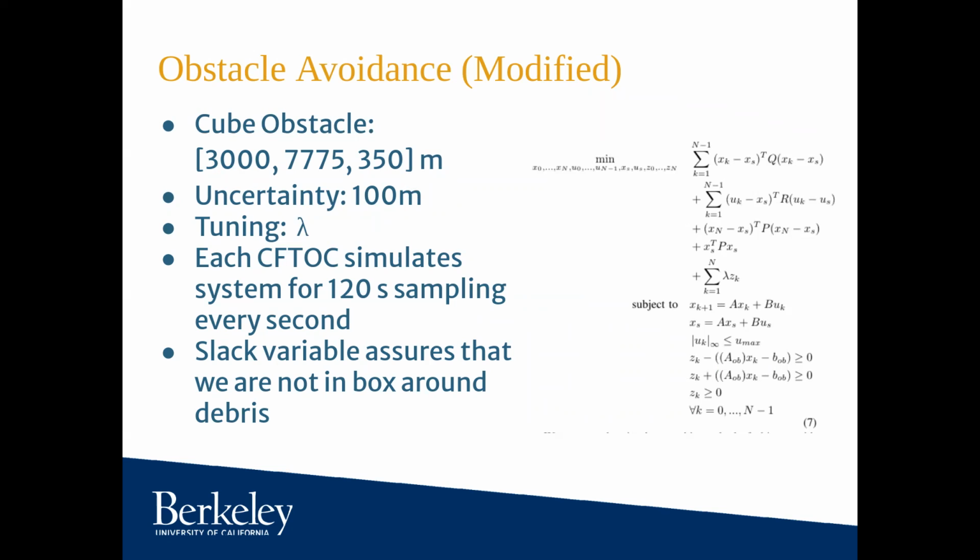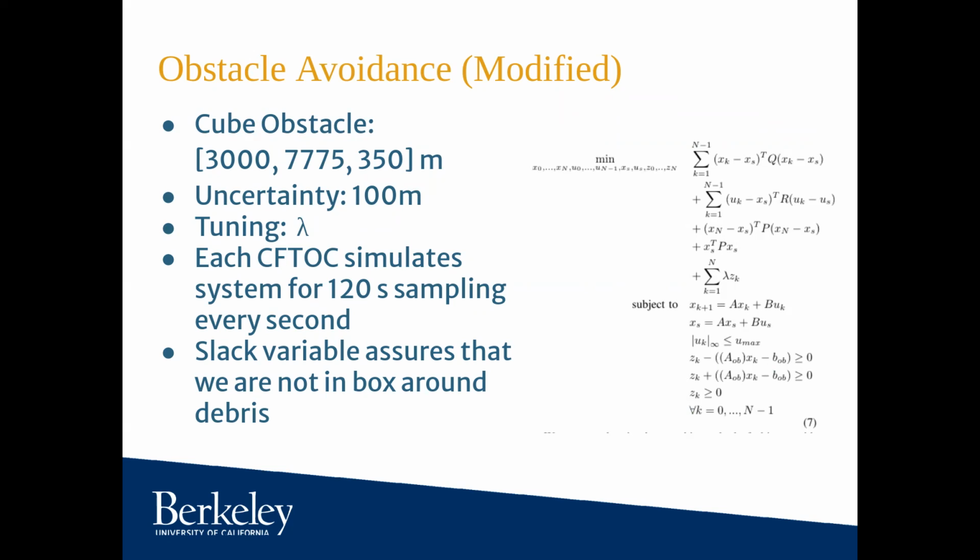So in order to do that, what we also had to do was we needed to simulate the system every second, because if we didn't simulate the system every second, then we would potentially miss out on when the spacecraft is inside our box or when it's near the box.